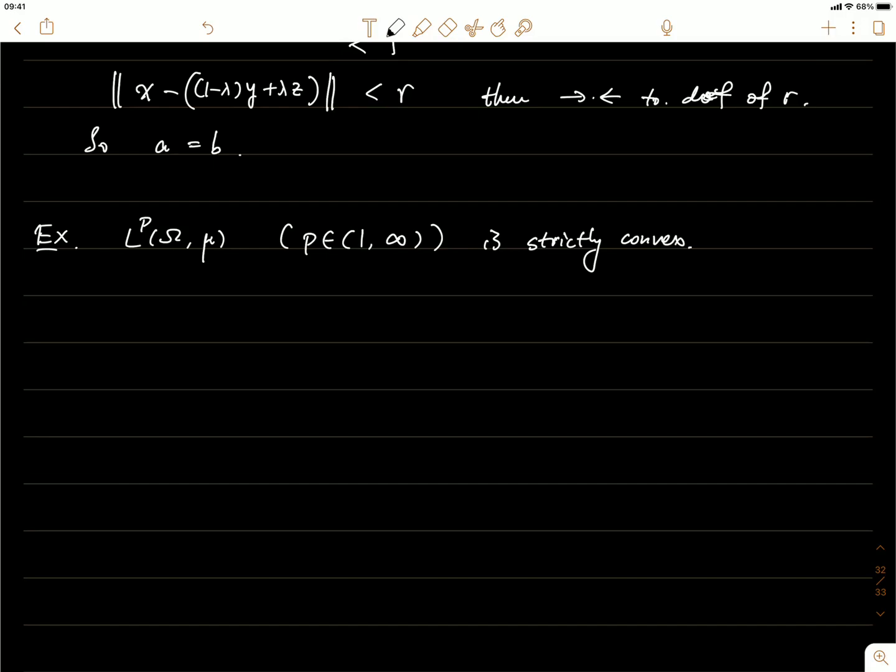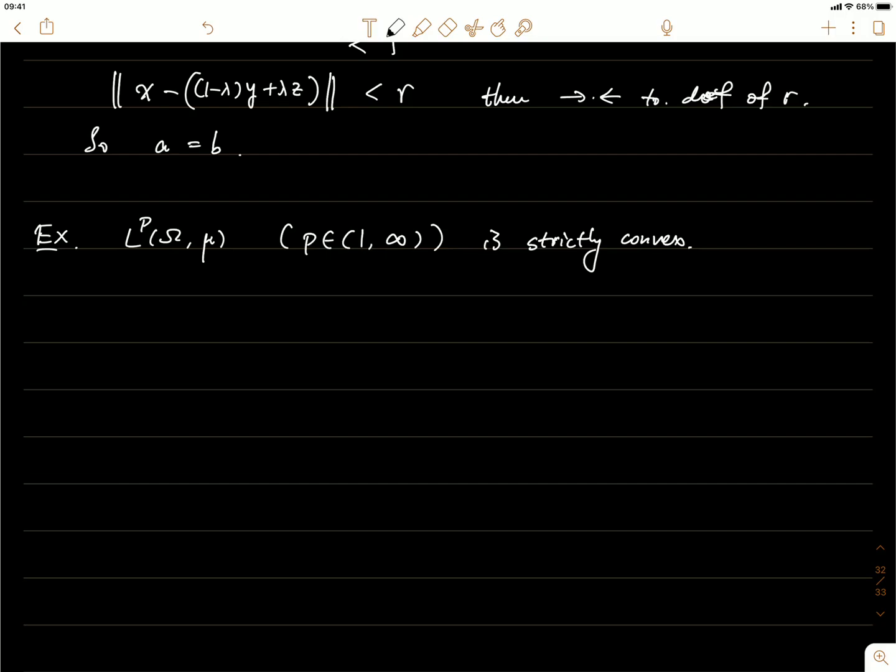This also means that if you have a linear subspace in this LP space, then any point in the space will have a unique projection onto the subspace.